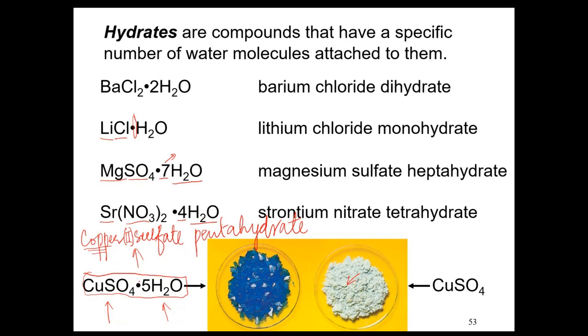Clear this one? Why did you say 2, doctor? Because it is a transition element. Copper is a transition element. For a transition element, we always write the charge. How did you know it's 2? Very good question. Boys, listen here.